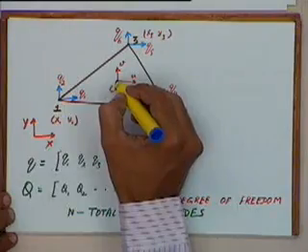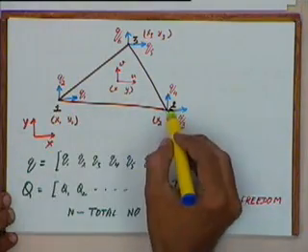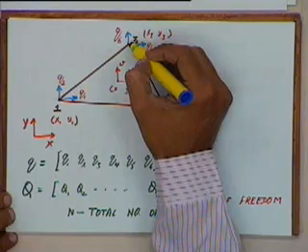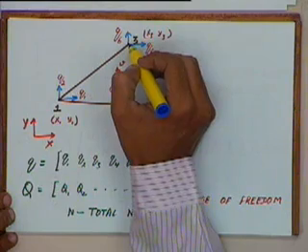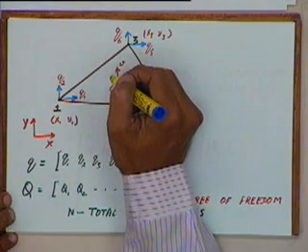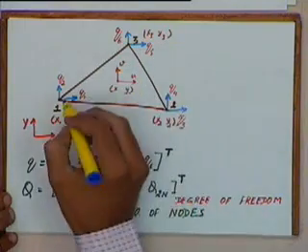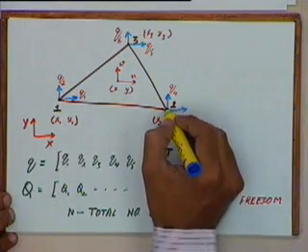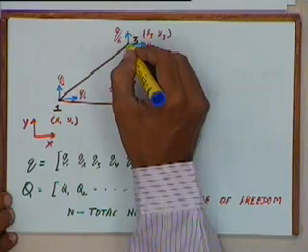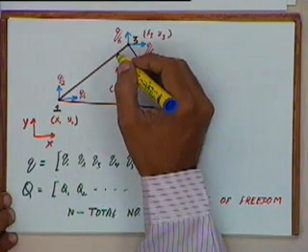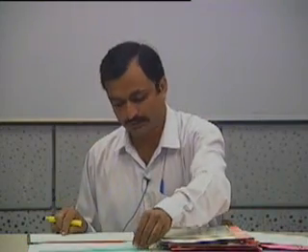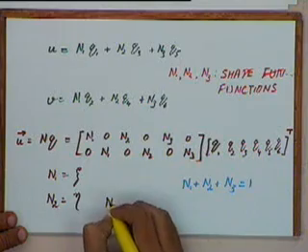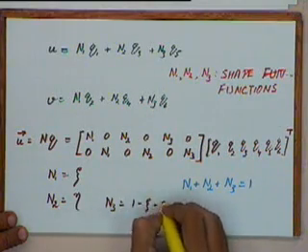That means the deformation at any point is a combination of the deformations at the nodes. So the total weightage we are giving to the three has to be 1 at all points. The weightage given to this point plus this point plus this point has to be equal to 1 throughout. So n1 plus n2 plus n3 will be equal to 1, and therefore n3 will be equal to 1 minus zeta minus eta.